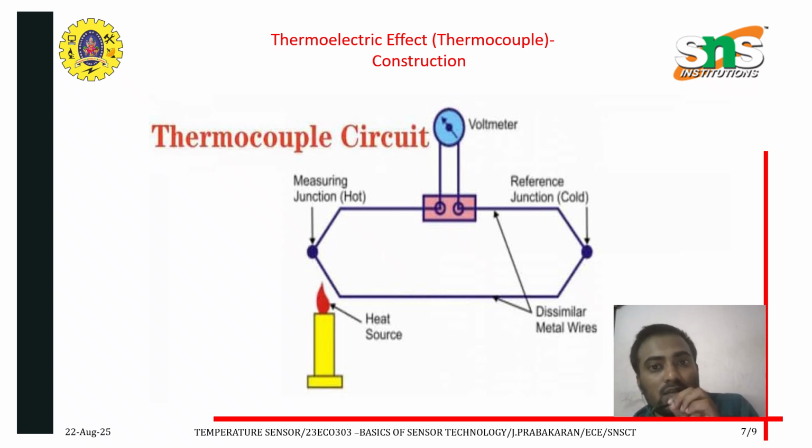Here you can see two dissimilar metal wires joined at two junctions. One is hot and another one is cold, and those junctions are kept at different temperatures. The resulting voltage difference can be measured and correlated to the temperature difference.